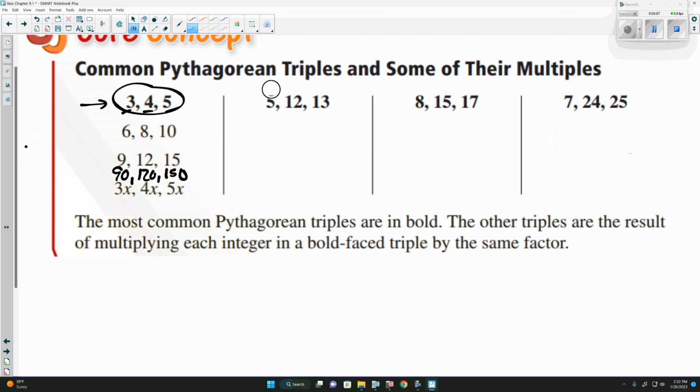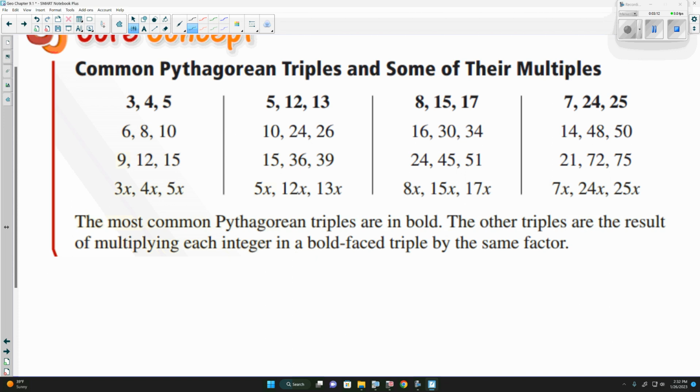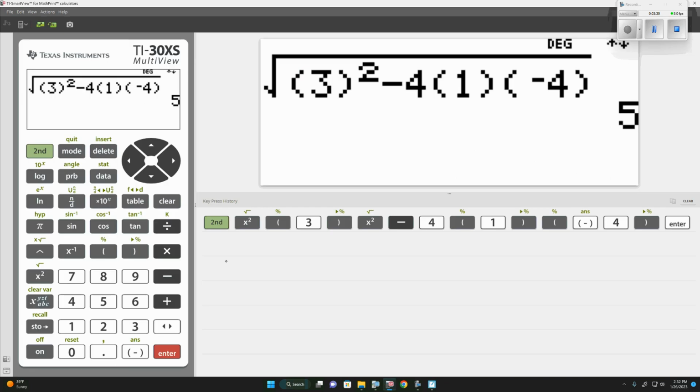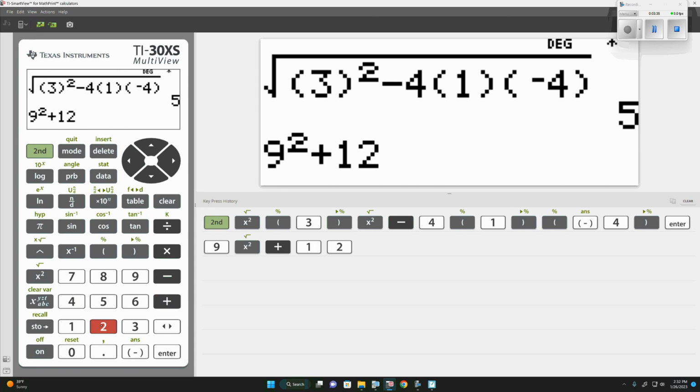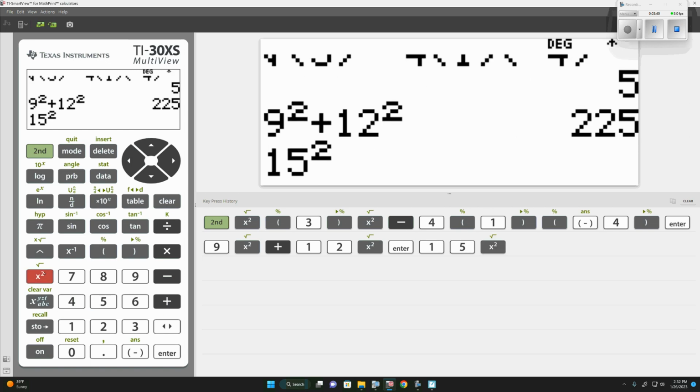The same is true for 5, 12, 13. It is going to be a Pythagorean triple if we're just doubling them or tripling them. Because for 9, 12, 15, we're saying that 9 squared plus 12 squared is equal to 15 squared. Well, 9 squared plus 12 squared is equal to 225. 15 squared is 225. They are the same.